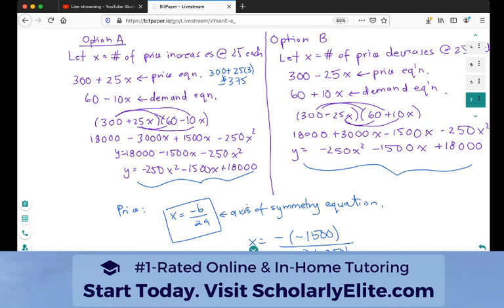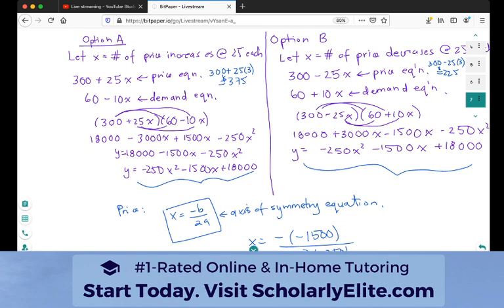Or you can go 300 minus 25 times 3, and you would get 225. Okay, so both of these answers are right. And if that doesn't make sense, feel free to leave a comment in the chat and I can address that. Both these answers are right.